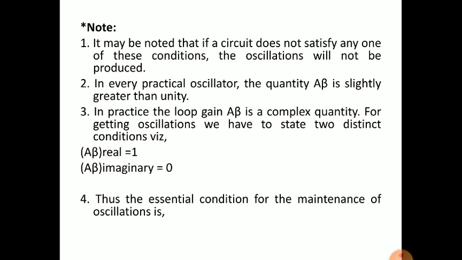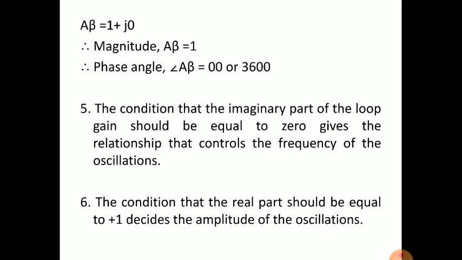Thus, the essential condition for the maintenance of oscillations is A beta is equal to 1 plus j0, a complex quantity. So, 1 plus j0 there: the magnitude of A beta is equal to 1 and the phase angle of A beta is equal to 0 degrees or 360 degrees. Phase angle is tan inverse of y by x, which is tan inverse of 0, that is 0 degrees.